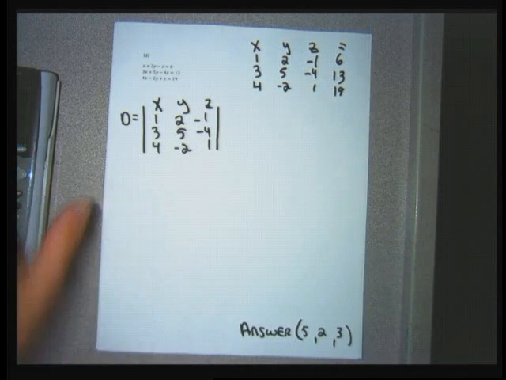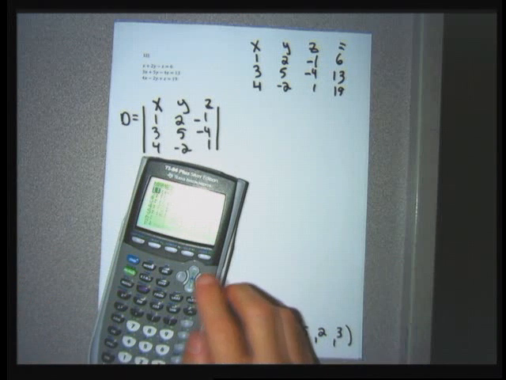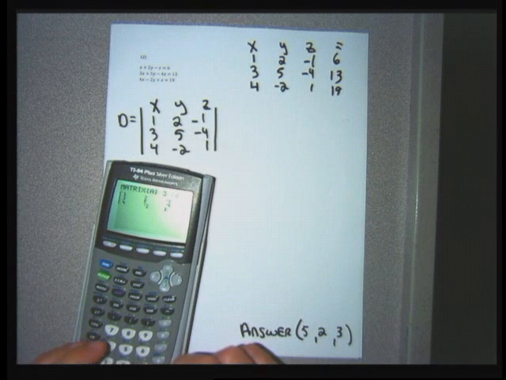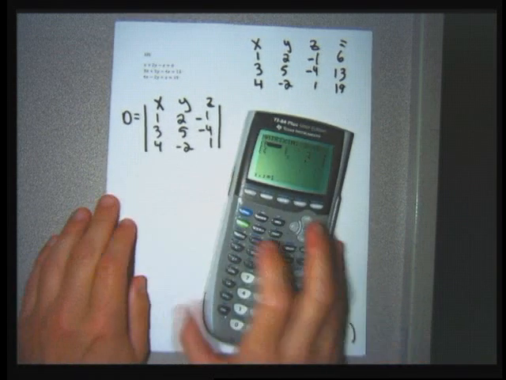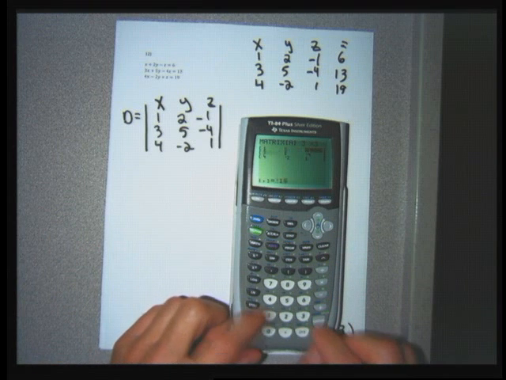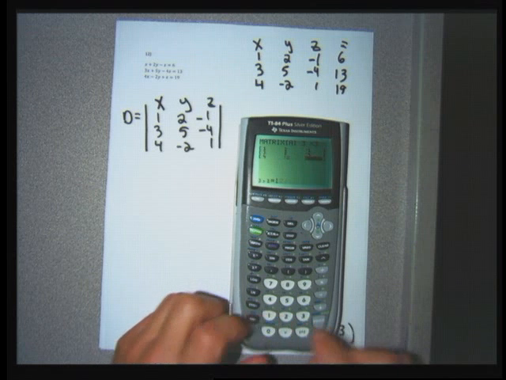I'm going to just do this determinant. I'm going to enter this as a 3 by 3 matrix. So second matrix, edit, enter, 3, enter, 3, enter. And when I enter that, I'm going to go 1, 2, negative 1, 3, 5, negative 4, 4, negative 2, 1.